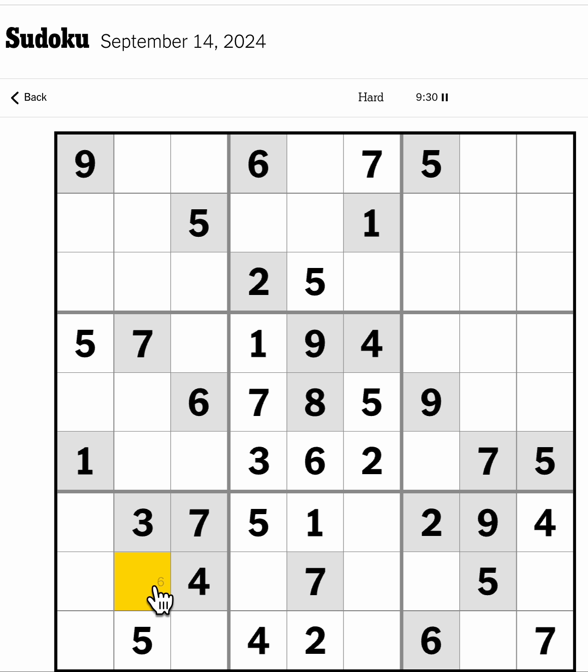Oh, so because 1 and 9 are here, I cannot put 1 or 9 in these 3 cells. So 1 and 9 have to come in here. That makes these 3 cells 2, 6, 8.